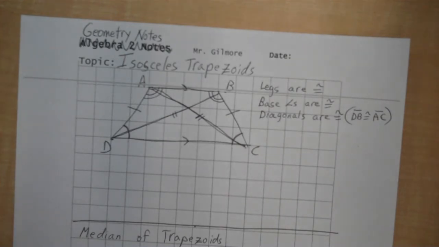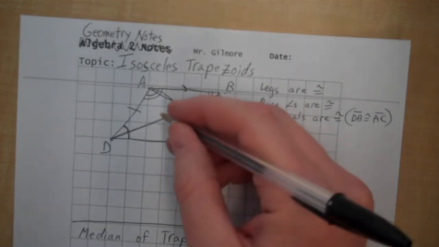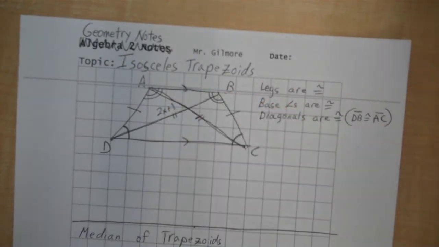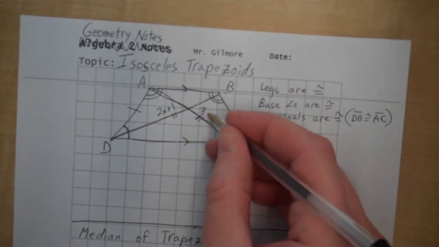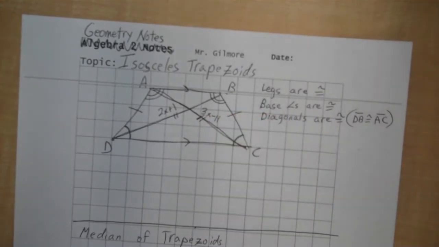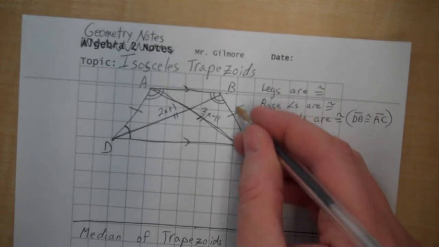Now, let's use this problem here to do a little problem solving. Let's suppose BD, this diagonal, equal to 2x plus 1. And we make AC equal to 3x minus 11. Let's make it interesting. Let's make BC equal to x plus 2.